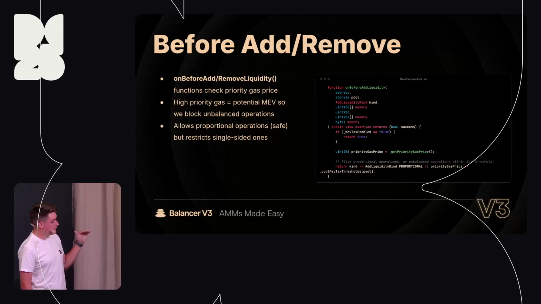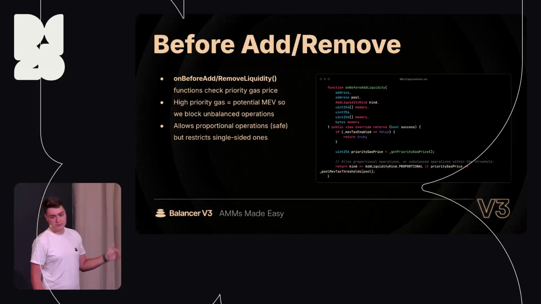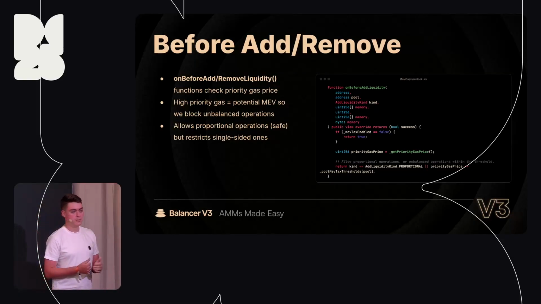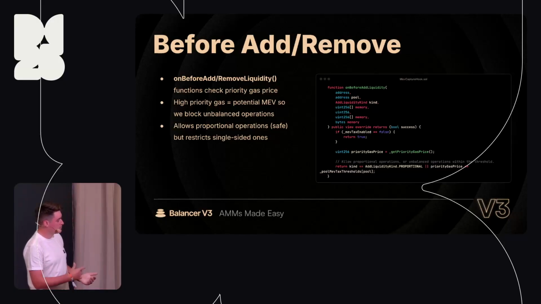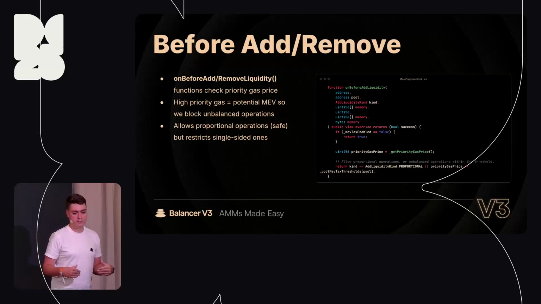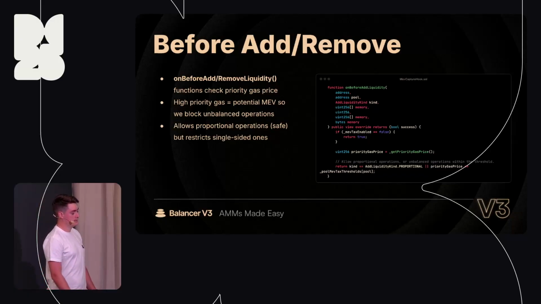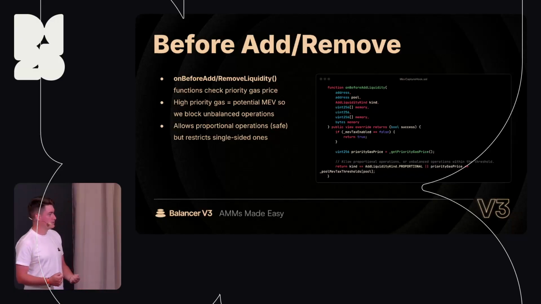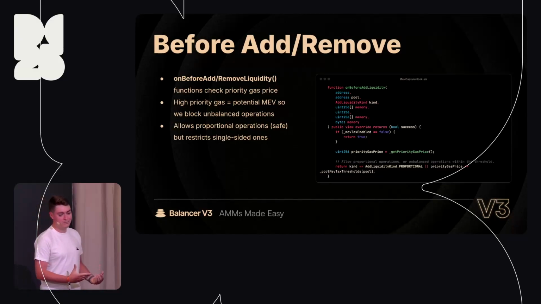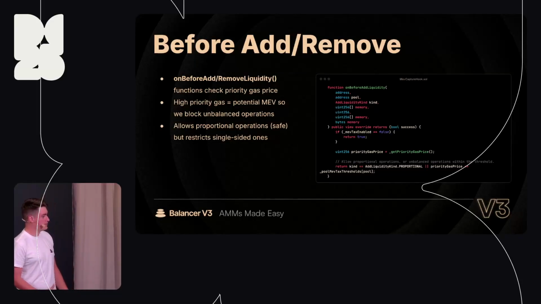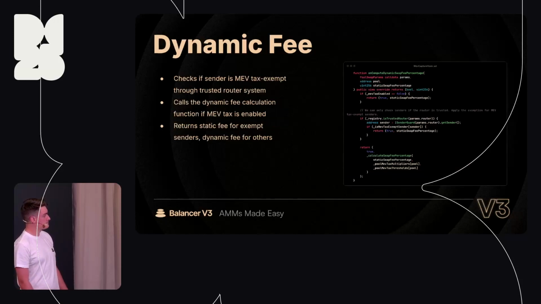If the kind of the operation is proportional, that's completely fine. That's just someone joining the pool. But otherwise, we'll check if the priority gas price is below the threshold. If it's above the threshold, that transaction will just revert. We will not allow the liquidity provider, likely being in this case an MEV bot trying to arbitrage that pool, we will not allow that.